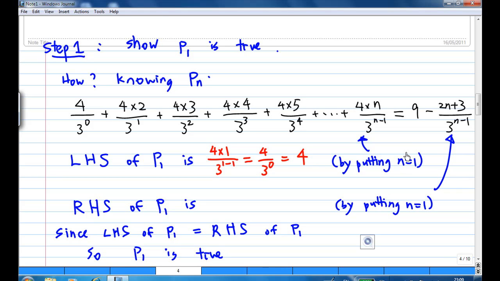This is actually the first term. The right hand side of P1, putting n equal to 1, you get 9 minus 2 times 1 plus 3 over 3 power 1 minus 1. You get 9 minus 5, also 4. So the left hand side of P1 and the right hand side of P1 are equal to 4. So, P1 is true.